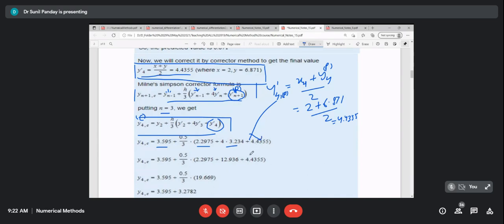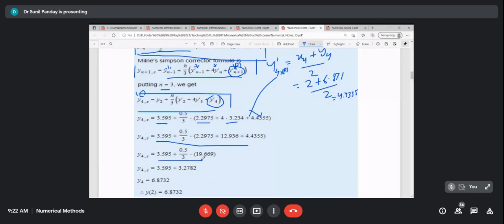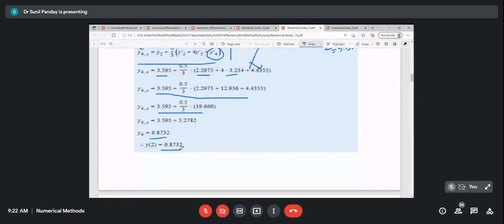So after substitution you will simplify it and finally you have the corrected value. So you can say this is like y4, because here x naught is 0 and h is 0.5. So x4 is finally 2, x naught plus 4h. So we stop here if further instruction is not there.